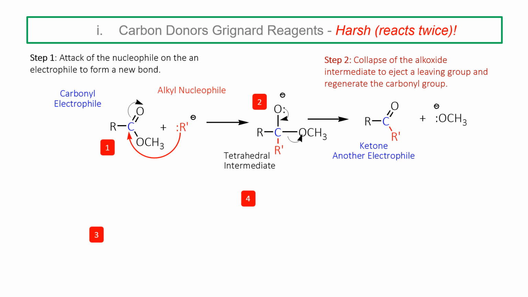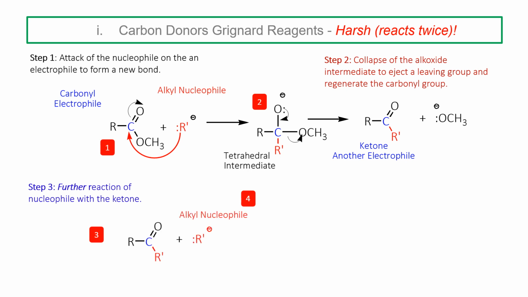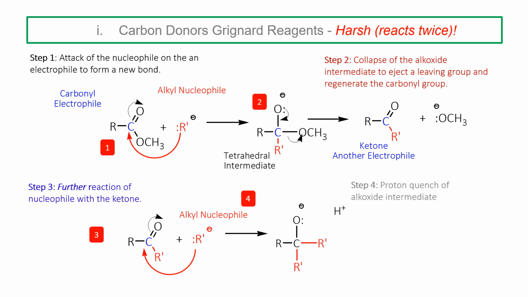This carbonyl compound is a ketone, and it is susceptible to attack by another mole of Grignard. So attack of that Grignard will realize this tertiary carbon, which we can quench with some acid to realize a tertiary alcohol.